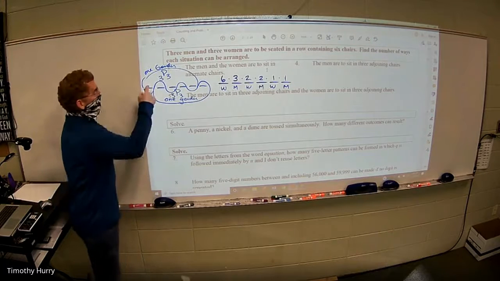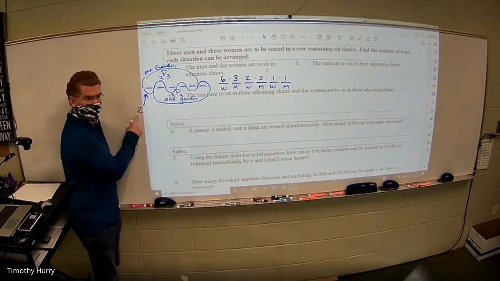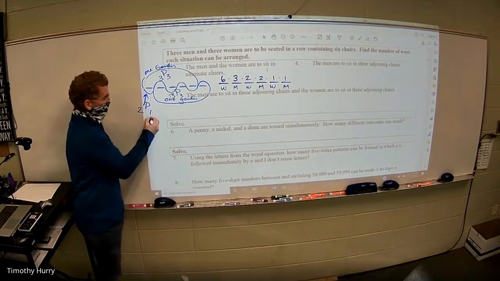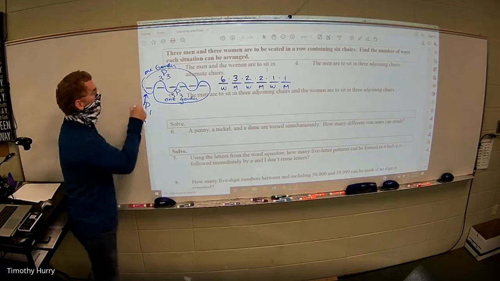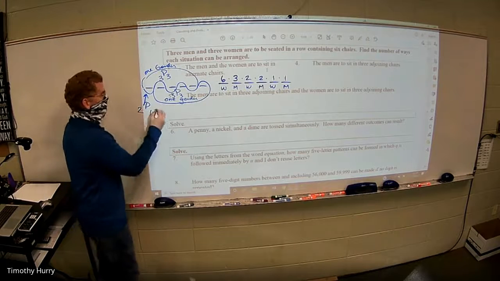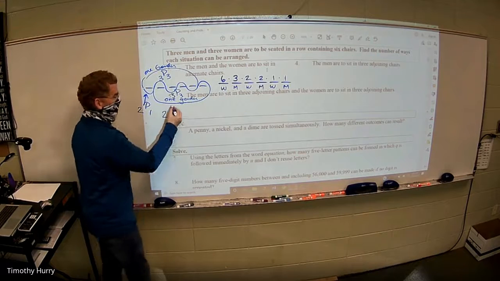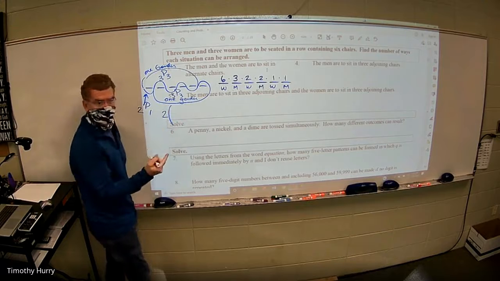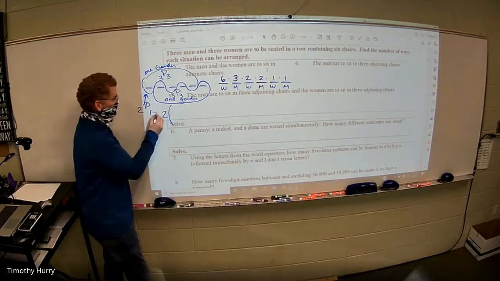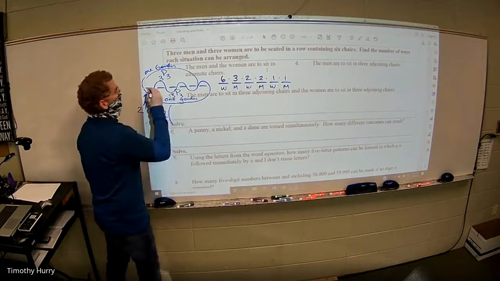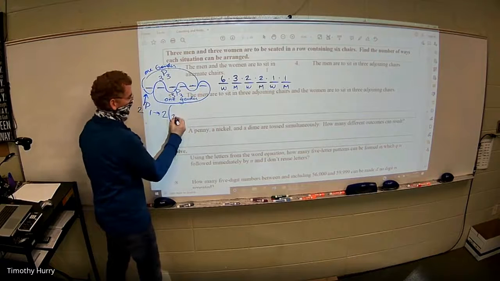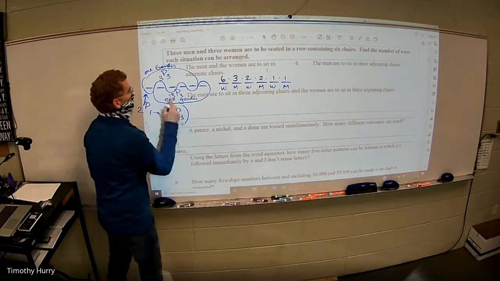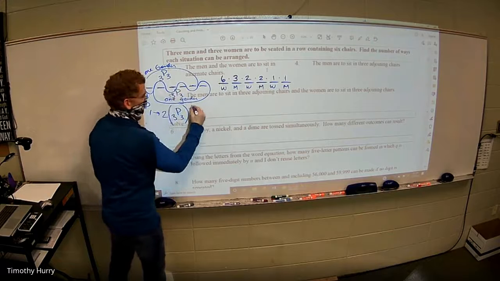So initially, I had 2 genders to choose from, and I'm picking one of them. Now, if I do the math on this, I get 2 starting out. Basically, I'm saying, hey, there's 2 ways to do this problem, because 2P1 is 2. And then I'm saying, hey, 3 of those seats, 3P3. The other 3 seats, 3P3.